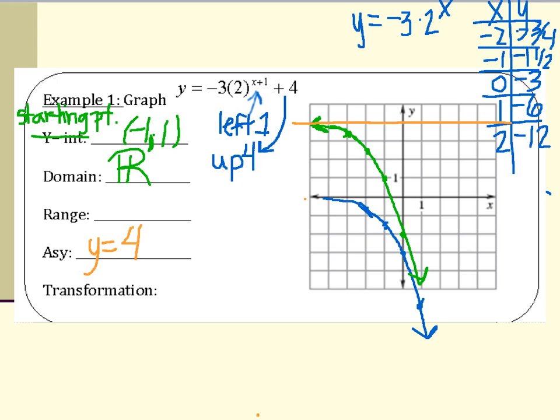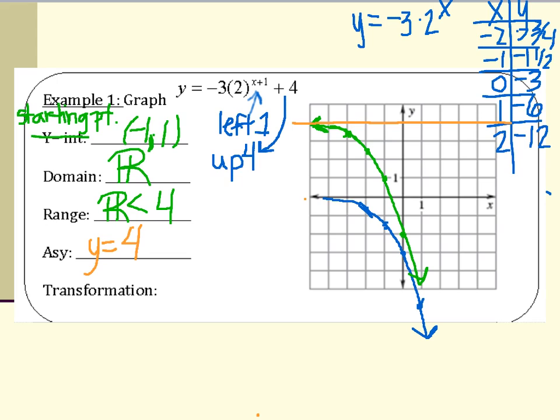So our range then also has to move up. But our range, because we've got this reflection over the x-axis, is all real numbers less than 4.